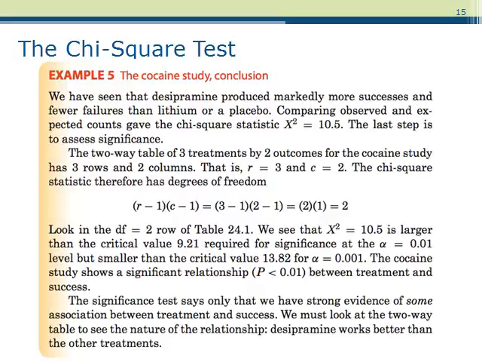Looking in the df equal to 2 row of table 24.1, we see that 10.5 is between the critical value for 0.01 and 0.001 significance. This says that our p-value is between 0.01 and 0.001. So our results are statistically significant at a significance level of 0.05, for instance. Thus, we would favor the alternative and conclude that there is evidence of some association between our treatment and the success rate.